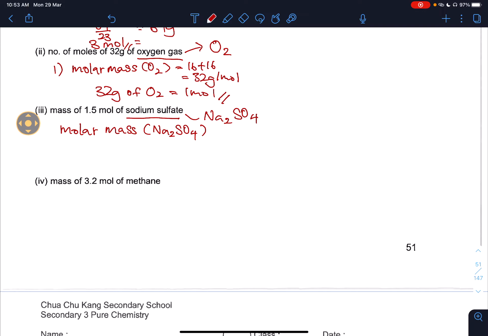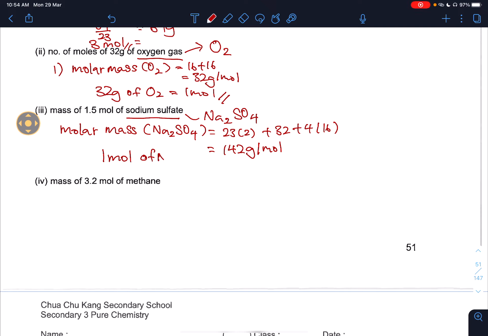If you check your periodic table, it is 23 times 2 plus 32 for sulfur plus 4 times 16 for oxygen. On my calculator, 23 plus 23 plus 32 plus 64 is 142 grams per mole. What does that mean? It means that 1 mole of sodium sulfate is equivalent to 142 grams.